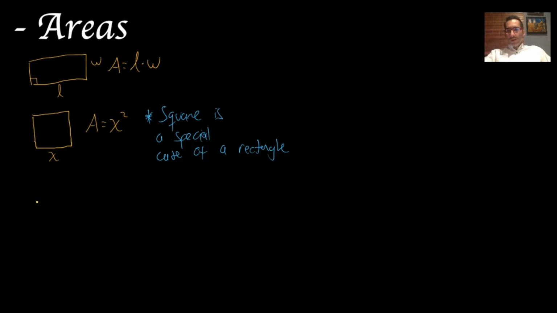It's going to be important for us to know the area of the triangle. Let's say this is B, the base, and this distance right here is what we call h, the height, okay?